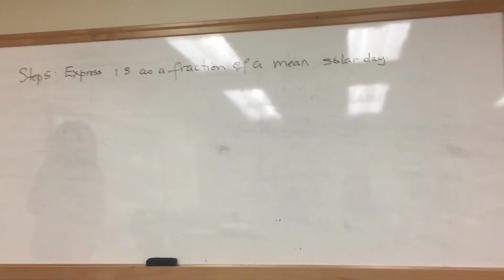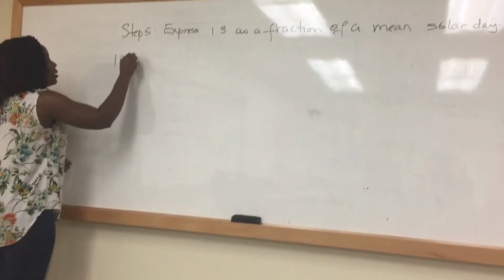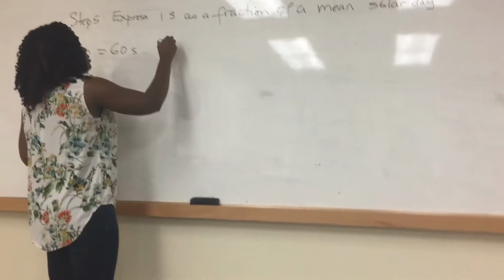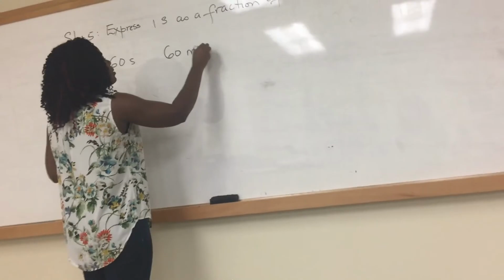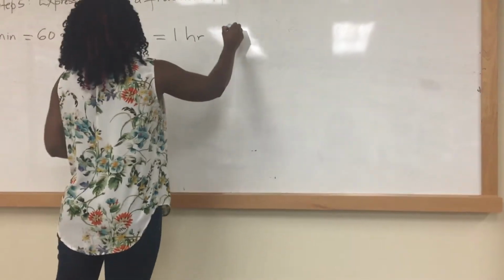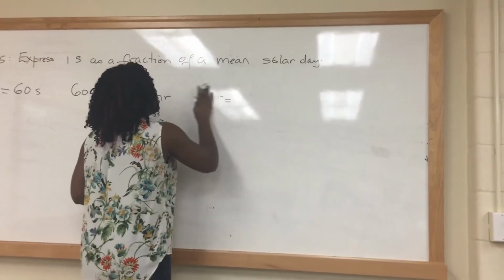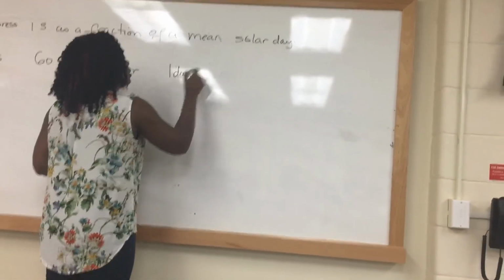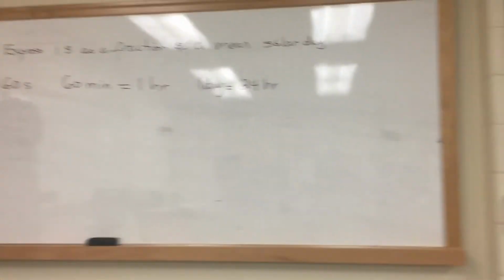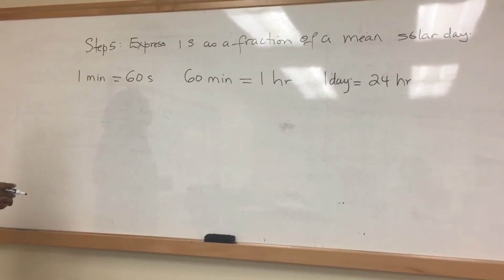So in order to do this, we have to bear in mind that 1 minute equals 60 seconds, and 60 minutes equal 1 hour, and 1 day equals 24 hours. So we can use these 3 equalities to convert 1 second as a fraction of a solar day.